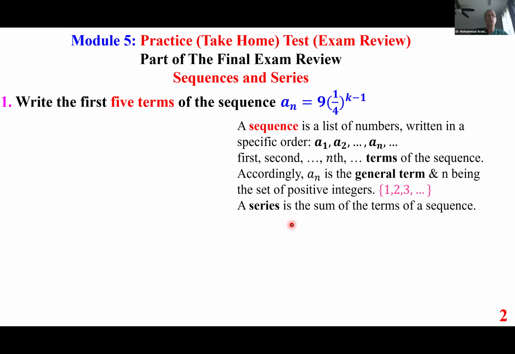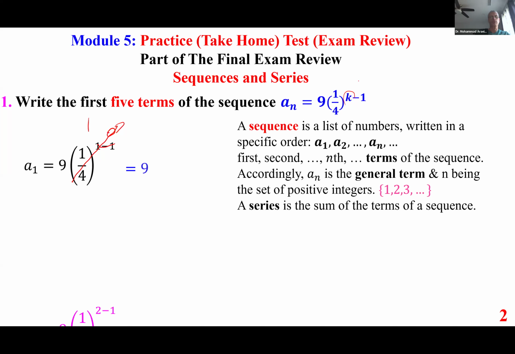So we want the first 5 terms, so replace the n with 1, 2, 3, 4, 5. So let's replace it with 1. This becomes 0, this becomes 1, and the answer is 9. Now, we are going to replace, by the way, the number here, okay?